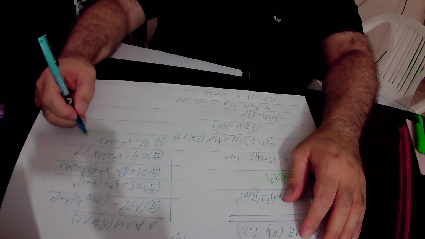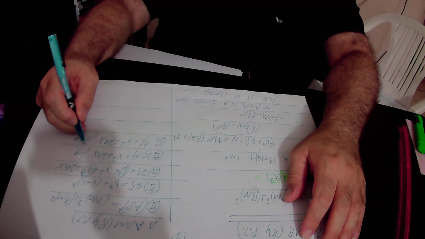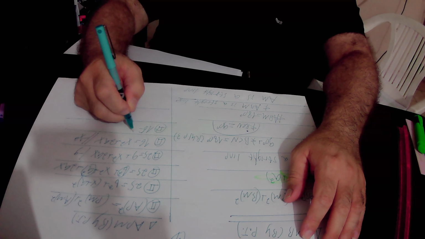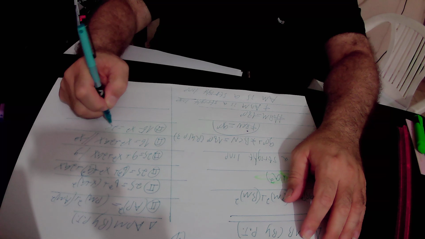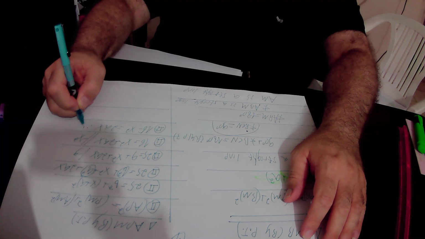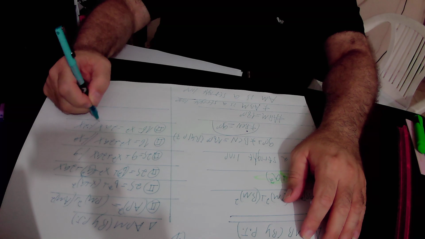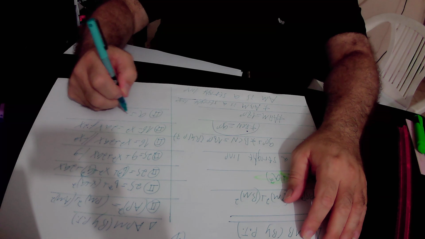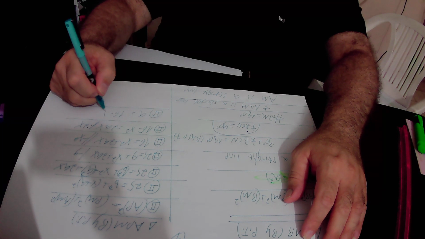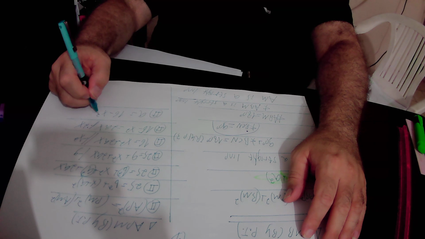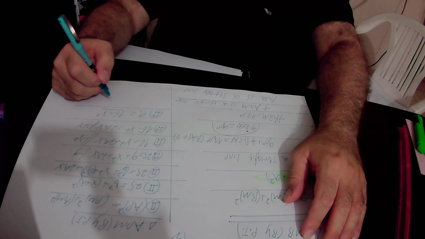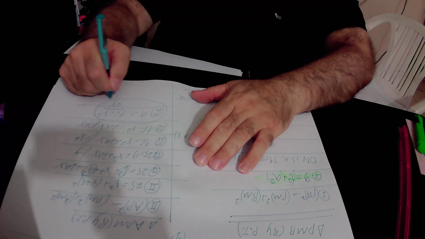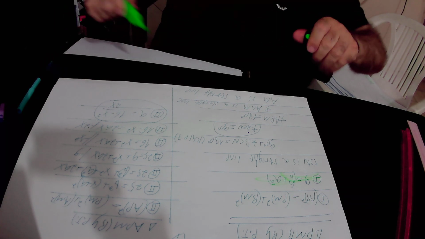Here we subtract X squared from equation number 2, and we get that 16 minus X squared equals 2AX. Here we divide equation number 2 by 2X, and we get that A equals (16 minus X squared) over 2X. So we found the value of A in terms of X. Okay.